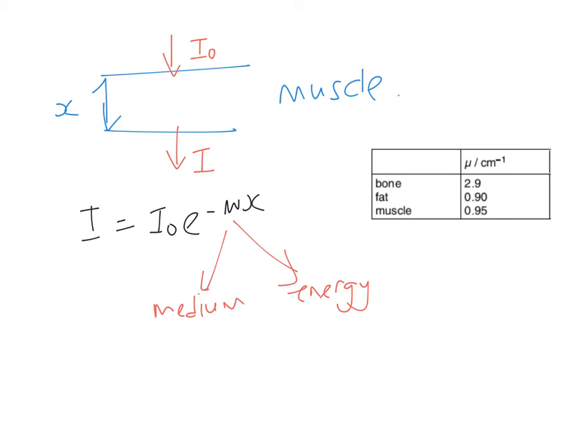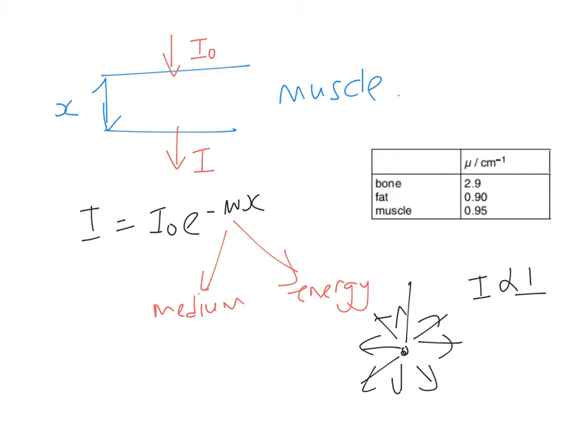You have to be careful, however, to recognize that this formula of I equals I naught e to the negative mu x is specifically for a parallel beam of X-rays passing through the medium. Because if it comes out as a point source, let's say you have a source here, and the X-rays spread out in all directions, then the intensity will also decrease due to spreading, and the intensity will be inversely proportional to the distance squared.